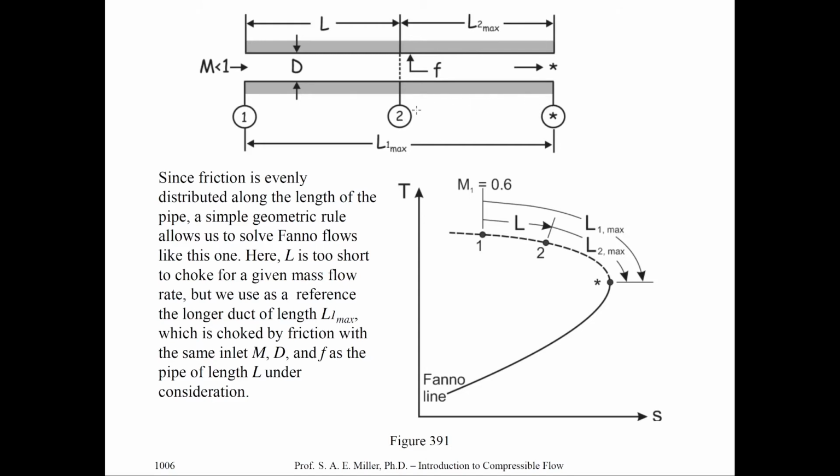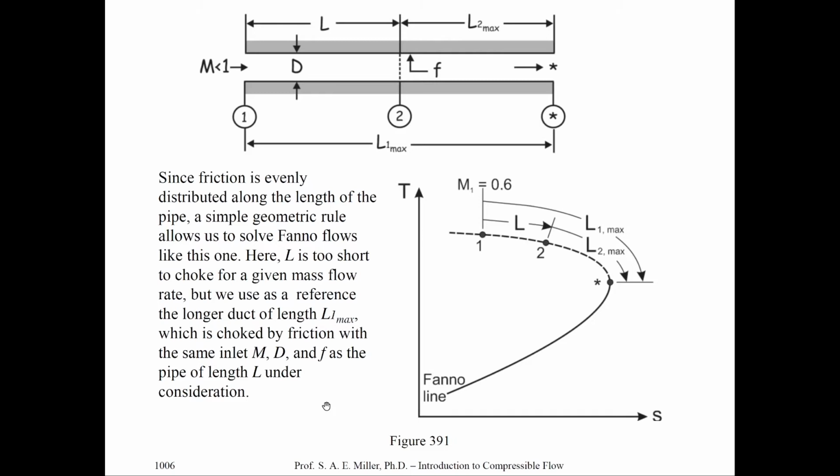This is where we're getting the equation of L plus L2 sup star equals L1 sup star. And so you don't need to remember the equation explicitly. You can just simply draw the pipe and state 1 to 2 and the choke condition and draw the lengths between them, and you'll have the equation involving the three FL over D ratios.